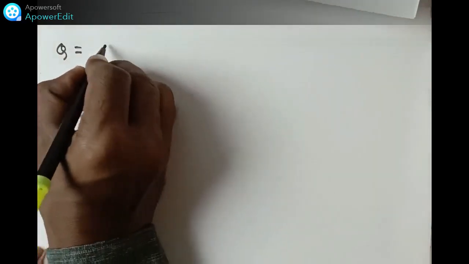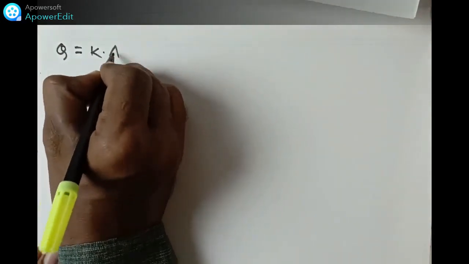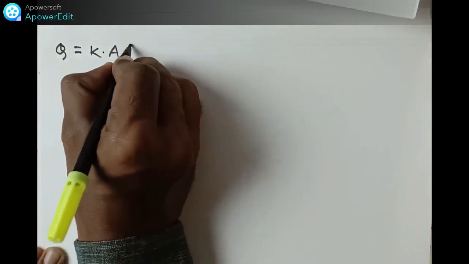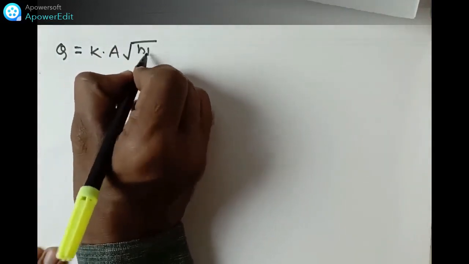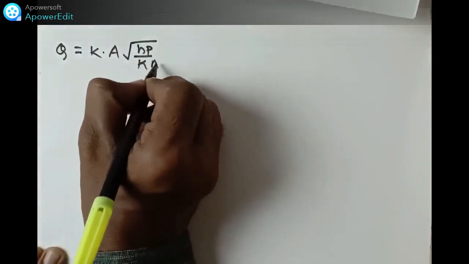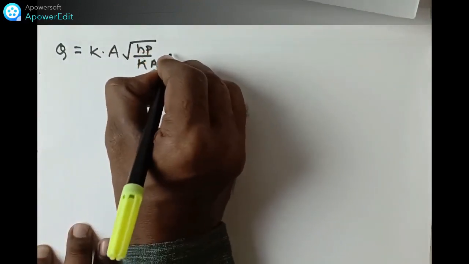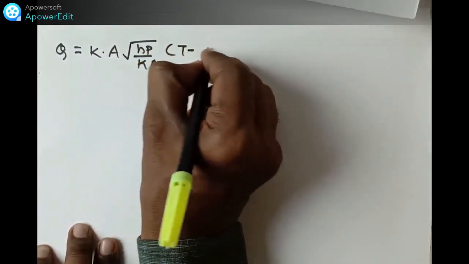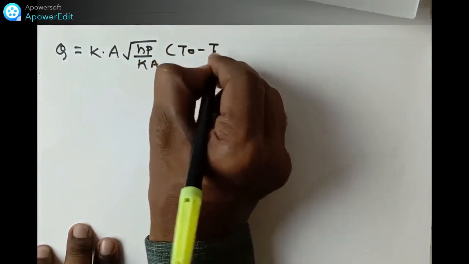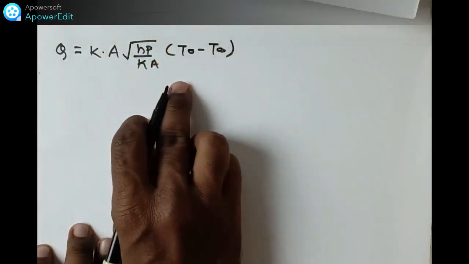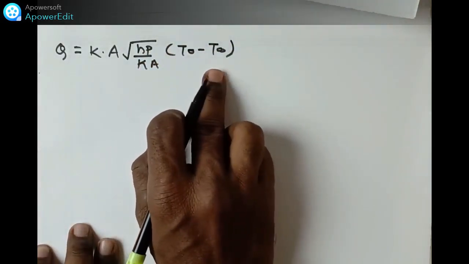Q is equal to K into A. For M we have square root of HP by KA into T0 minus T infinity.